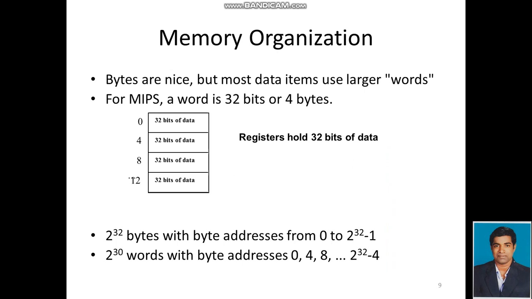Here registers hold 32 bits of data. For byte addressing, 2 power 32 bytes with the byte addresses from 0 to 2 power 32 minus 1. Whereas 2 power 30 words with the byte addresses 0, 4, 8, 12, 16 up to 2 power 32 minus 4.